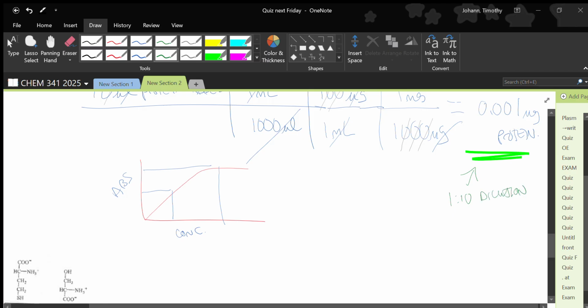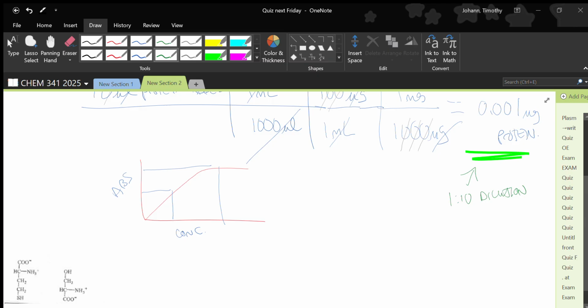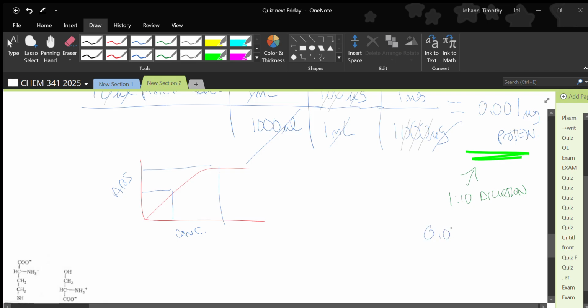what was the concentration, or what was the amount of protein in the original sample? 0.01, 10 times as much. All right, and so this now goes way up to the top of where we were.